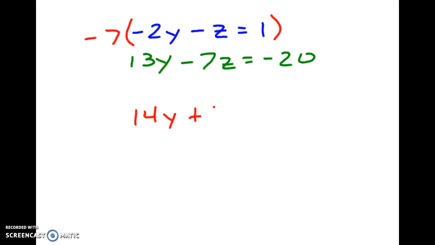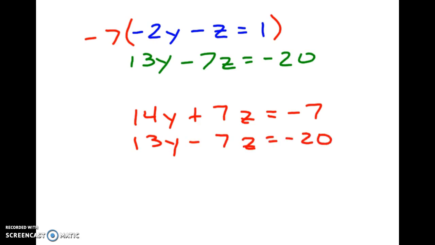That is 14y plus 7z and a negative 7. Rewriting the bottom equation. Now when we add, we're going to get 27y.